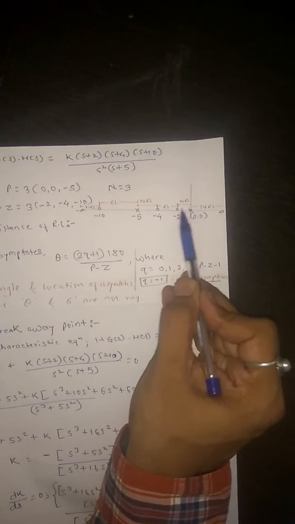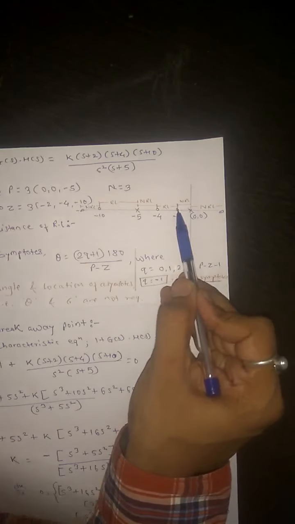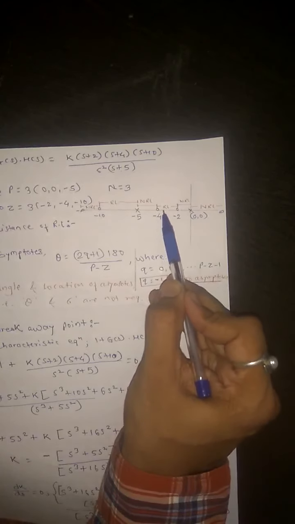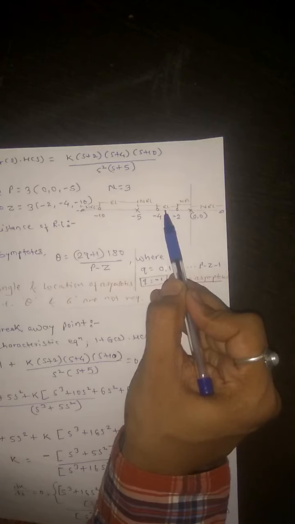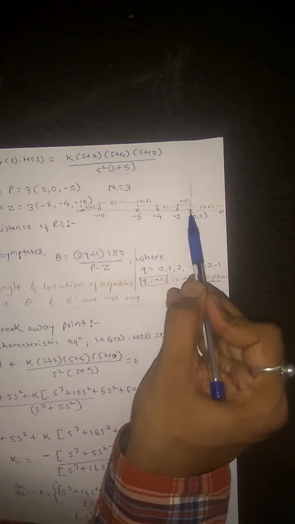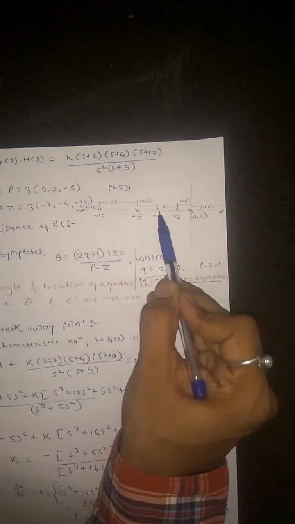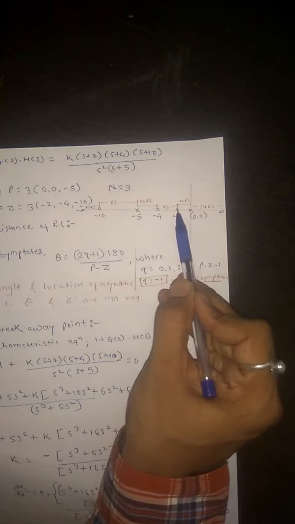Again, this is a non root locus region. Now next, minus 2 to minus 4: if you put a point here and check the right hand side, 1, 2 and 3, because at the same position there are 2 poles, so 3 is an odd figure, so this region, minus 2 to minus 4, is root locus region.